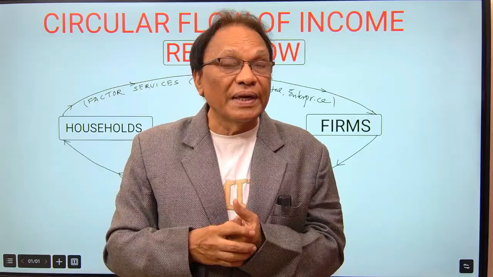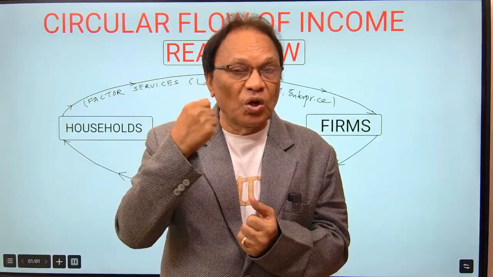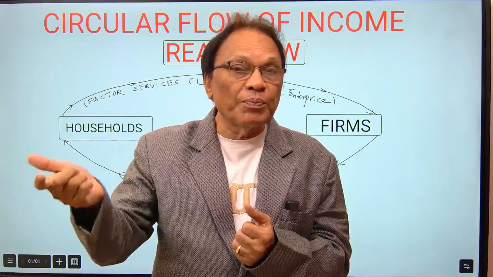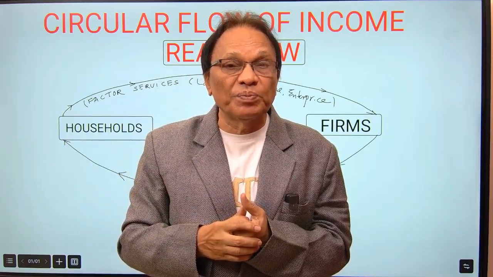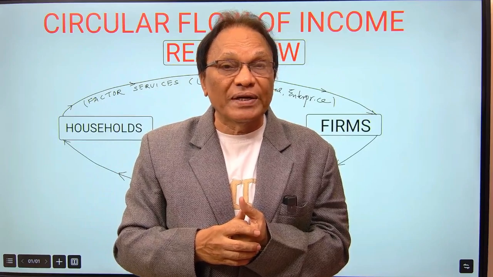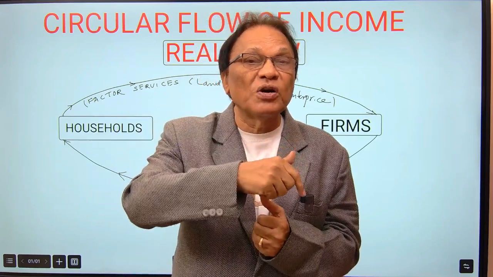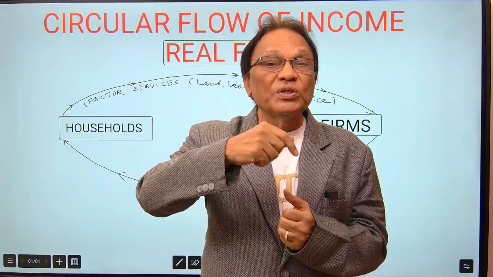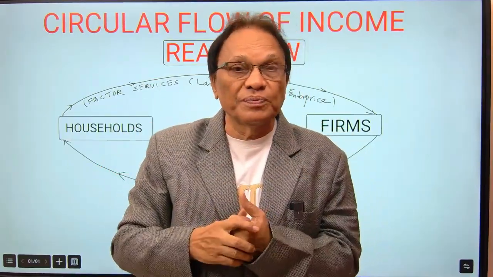The households own these four factors of production. When they provide land, labor, capital, and entrepreneurship, which we call factor services, to the firms, real flow is taking place from households to the firms.